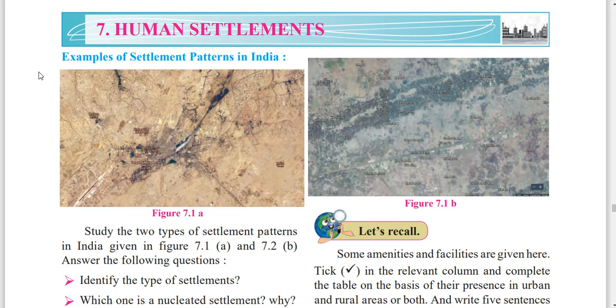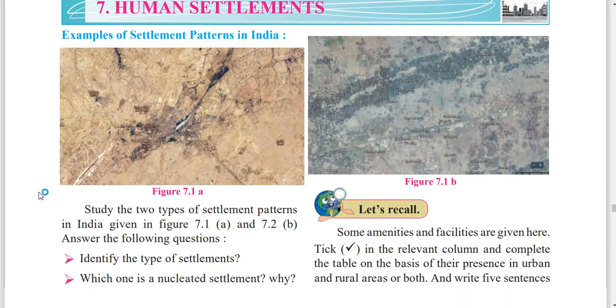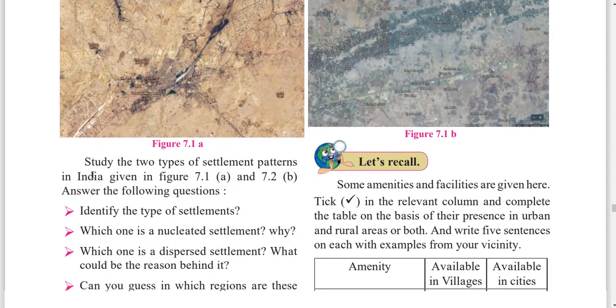So let's start. Examples of settlement patterns in India. Figure 7.1a, figure 7.1b. Let's see what is written. Study the two types of settlement patterns in India given in figure 7.1a and 7.1b.